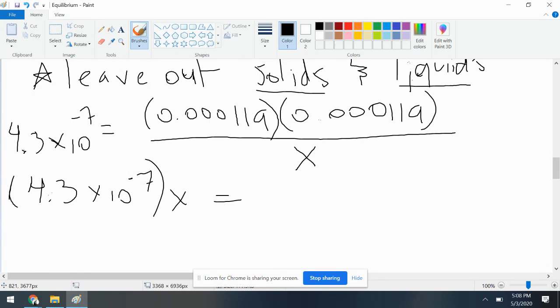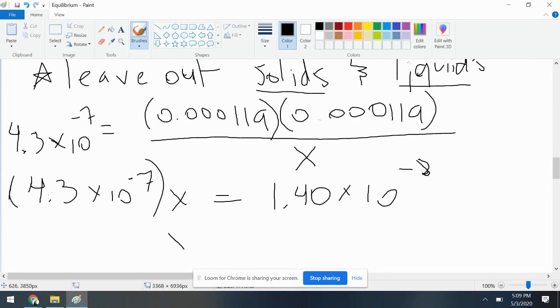And you're going to get a very small number, 1.40 times 10 to the negative 8.